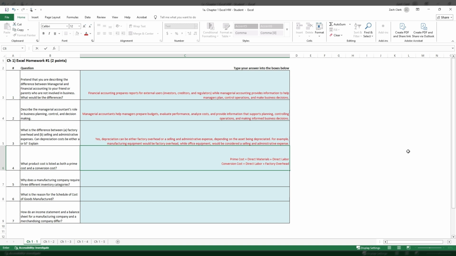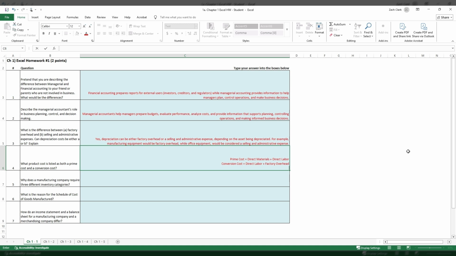So if we have some factory equipment that we're using constantly for the production of different products all day long, we're going to call that overhead. There's a whole listing of items that would fall into overhead, and we'll talk about that throughout this chapter. But again, that could be things like property taxes on the factory building.